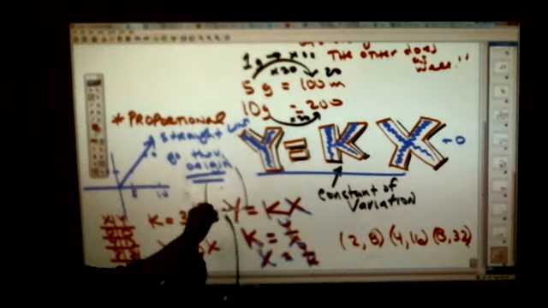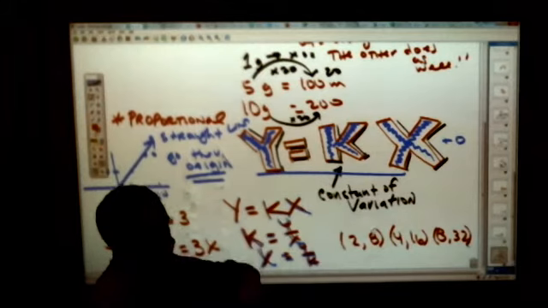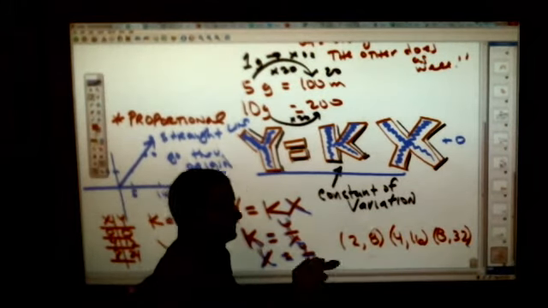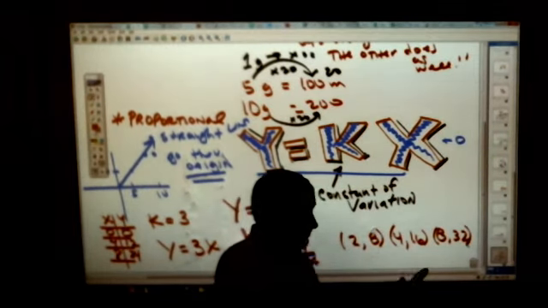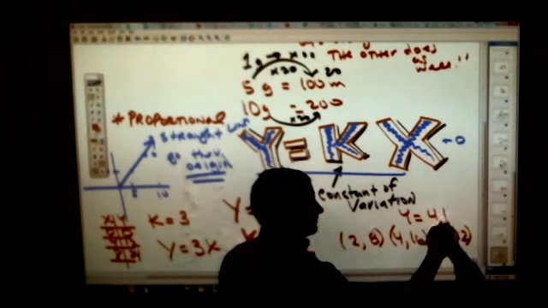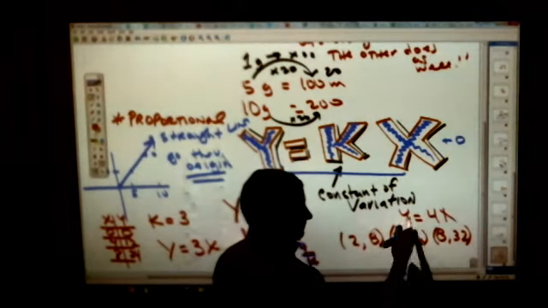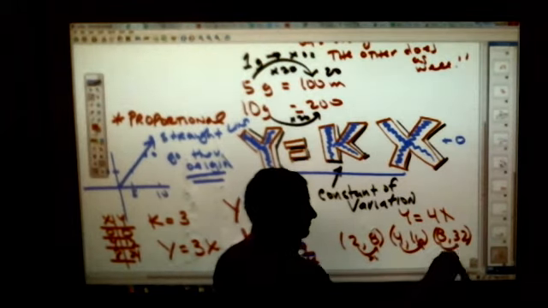Y equals what times x? Emily, I see it. Say it. Y equals what times x? 4. Yeah. Y equals 4 times x. Because you times 4 to get to this, times 4 to get to that, times 4 to get to that.